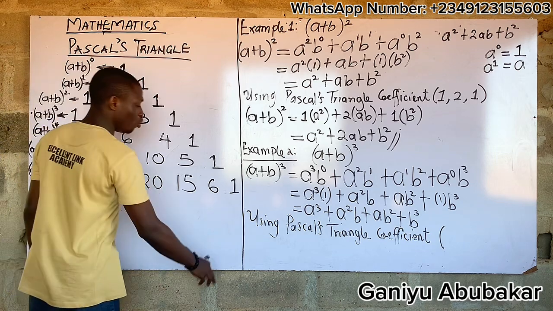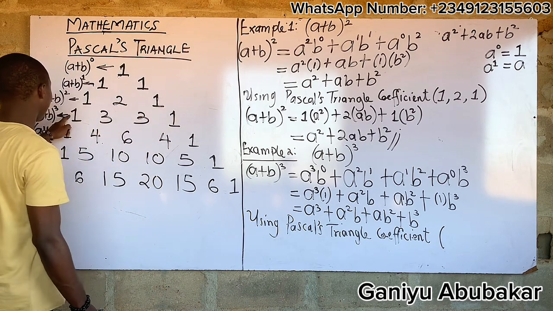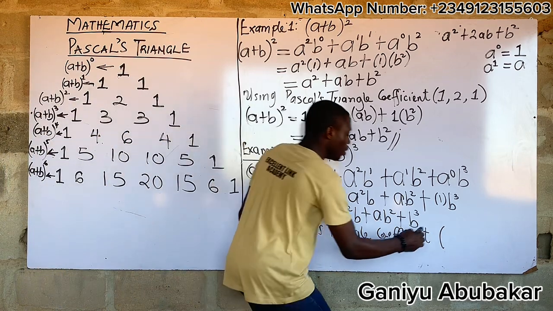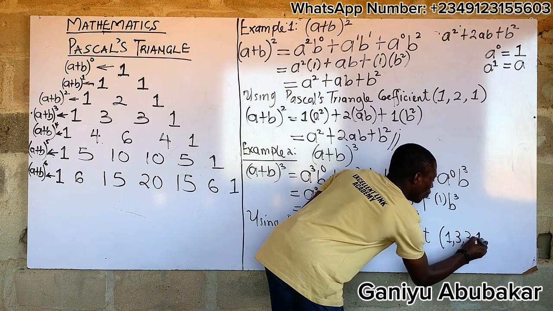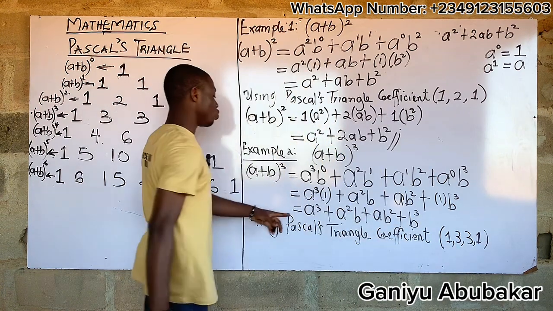My coefficient for cube, of course, is what? 1, 3, 3, 1. So I'll have 1, 3, 3, 1, right? So attach them to each value here.